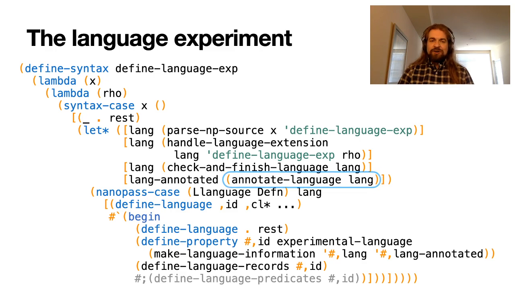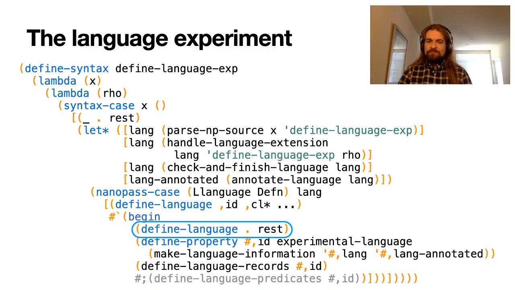You'll also notice here that I'm still expanding this into the core Nanopass defined language form. I'm doing that because I haven't written define pass or things like that yet. And so in order to test this stuff, I needed a way to actually define the core language and have things expand into passes that the core Nanopass language could expand for me into something useful.